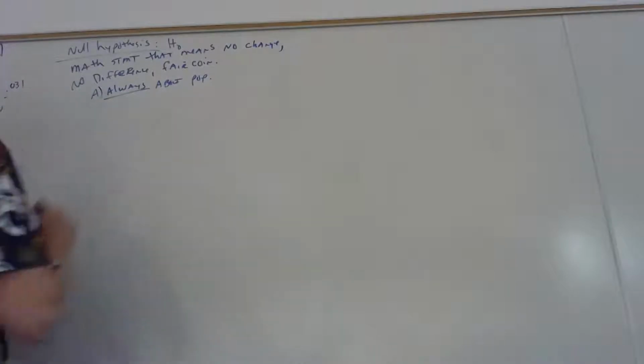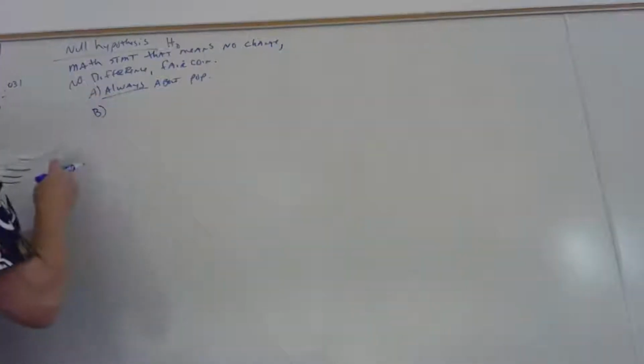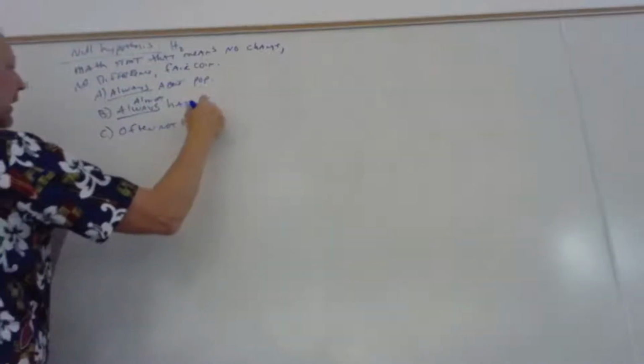Part B, it always has an equal sign in it. Okay? Maybe I should change that one to almost always. There's actually, we'll do one in case where it doesn't, but almost always has an equal sign. For the homework, you can say it always has an equal sign. That's always about the population. And part C, it's often not stated directly.